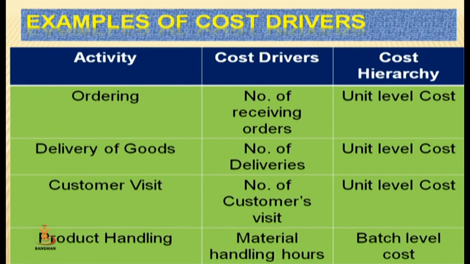Its hierarchy is batch level, because we know that there are many product lines in a company which are of the same kind of products. A company may manufacture more than one product, and they may be of the same product line. So if there is such a situation, then that cost driver is of batch level.